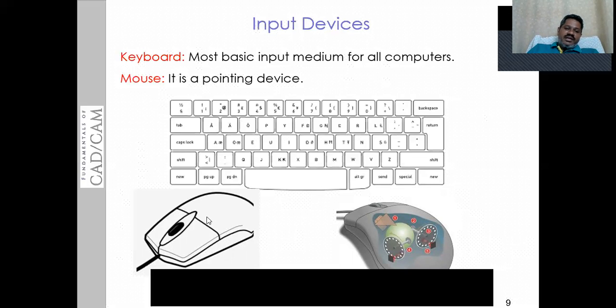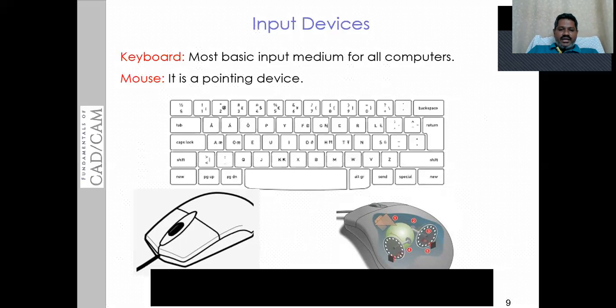Then we have the optical mouse. In the case of an optical mouse, a laser beam is projected on a grid space on a pad, which is divided into cells or grids.